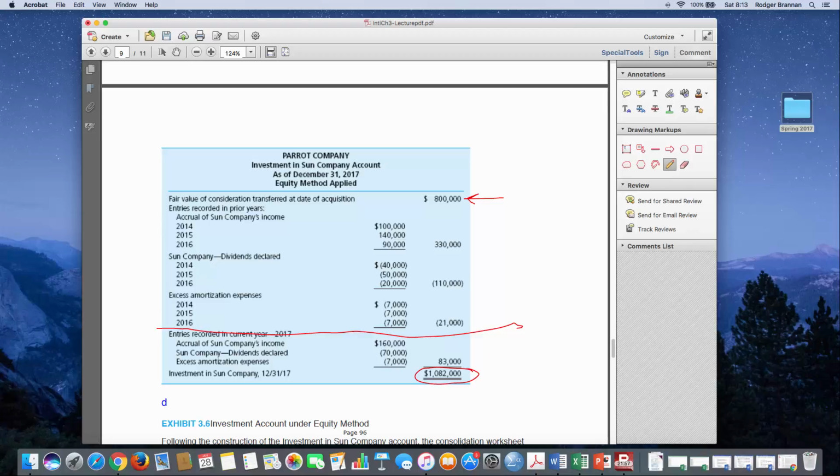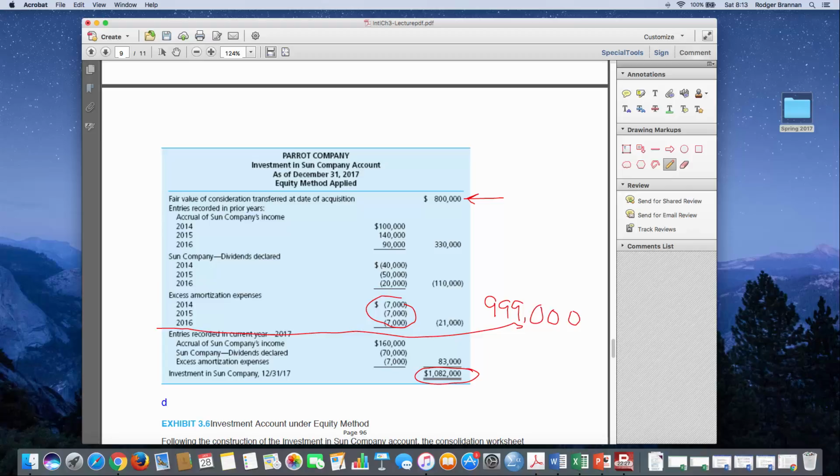Likewise, they paid out dividends of 40, 50, and 20. Now, the amortization is going to be consistent each year, 700,000. So if you look at this, at the end of 2016, Sun Company, or excuse me, parent company, its investment account would have a total amount of $999,000. Okay, that would be the investment account.